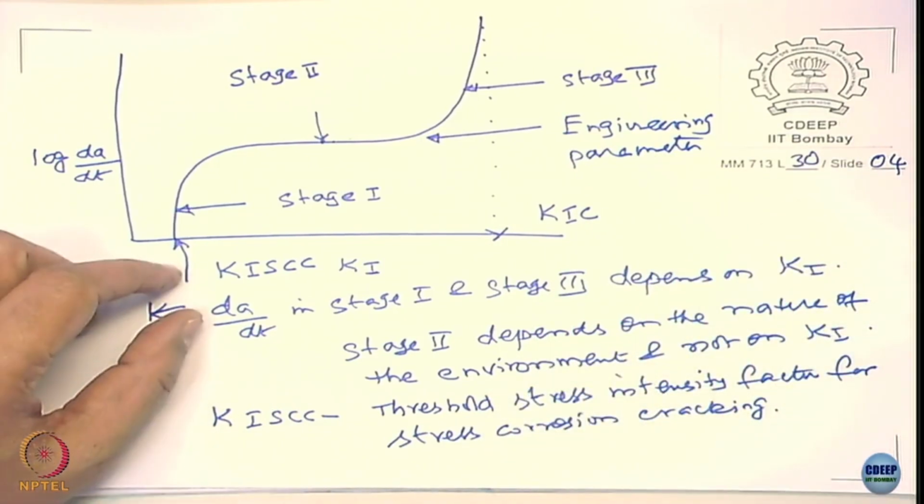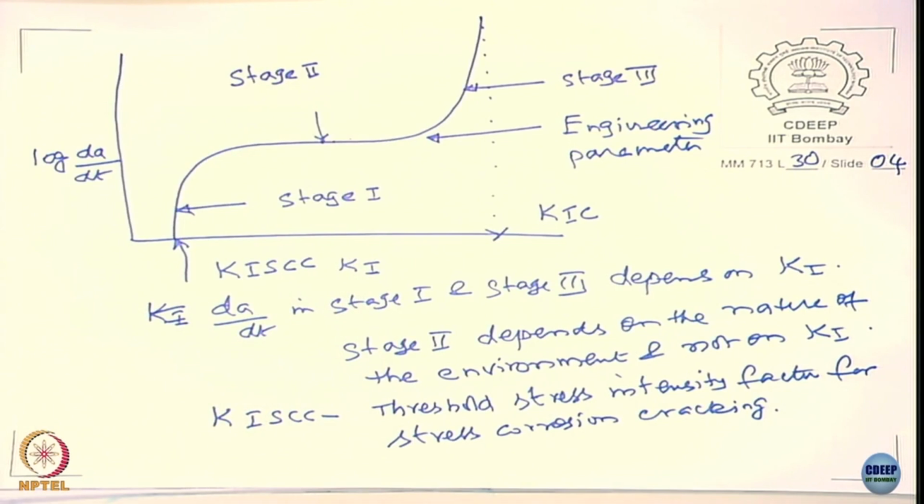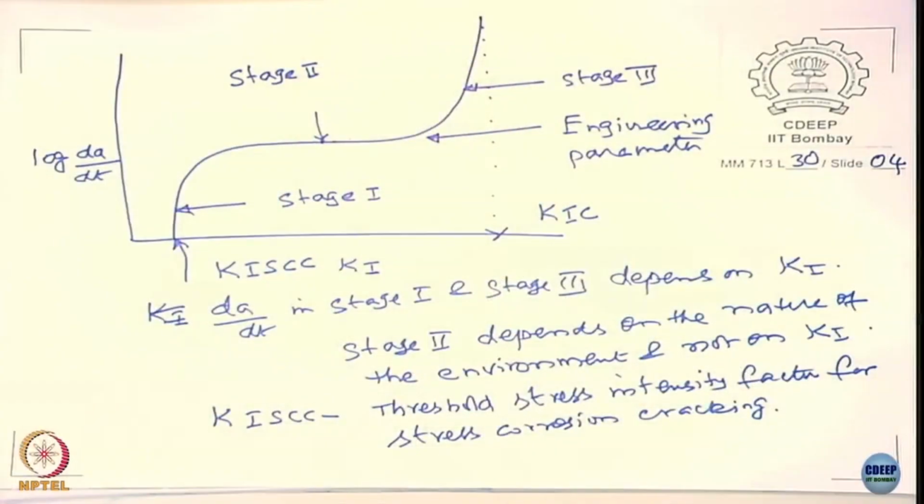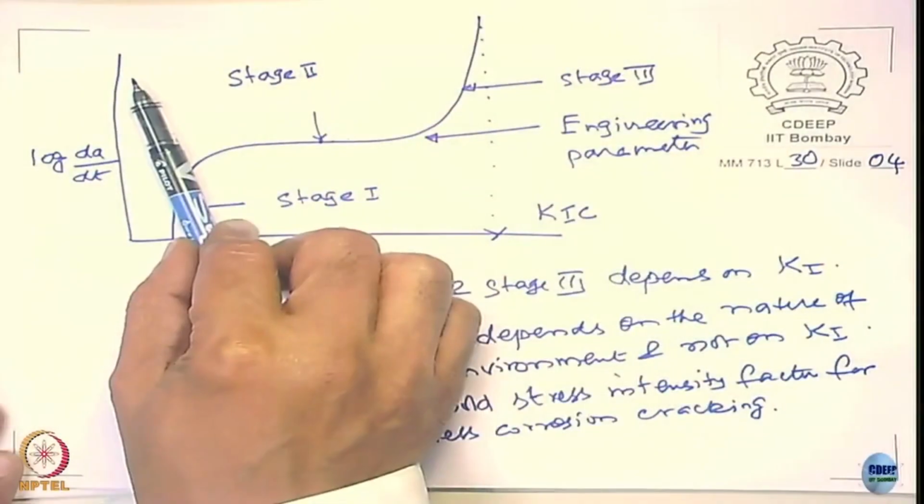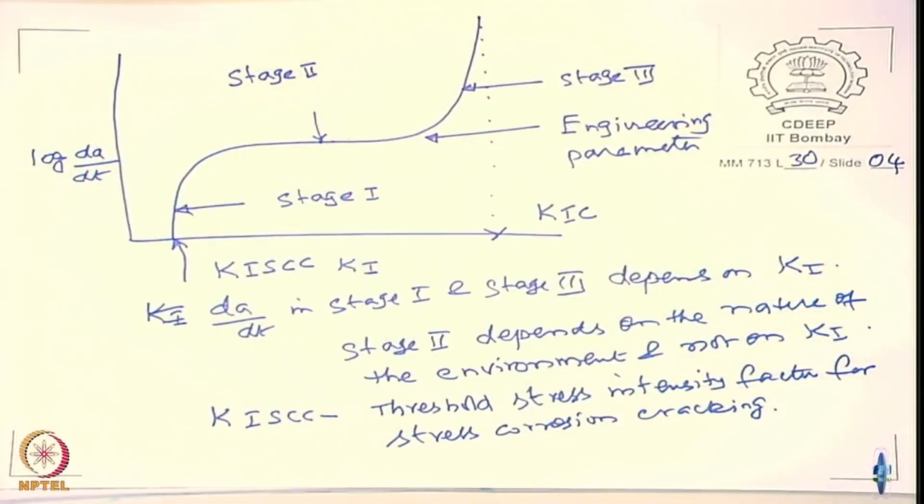So K1SCC and stage 2 crack growth rate. In fact, there are designs that use only the stage 2 crack growth rates. They do not worry about all other things, because below K1C you are not supposed to have any crack growth rate at all. Why is the crack growing here? Because of the environment.